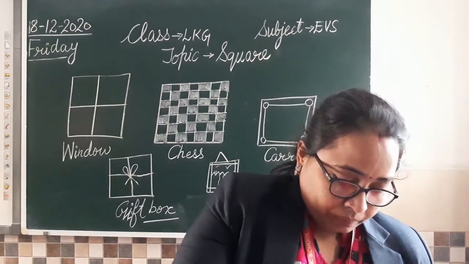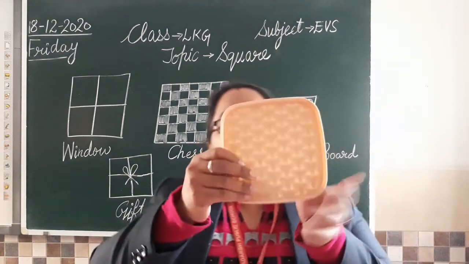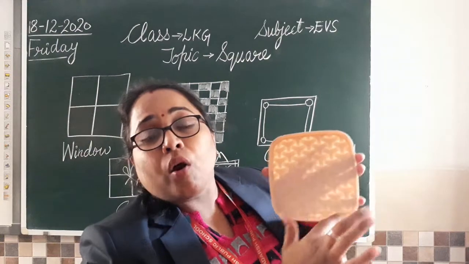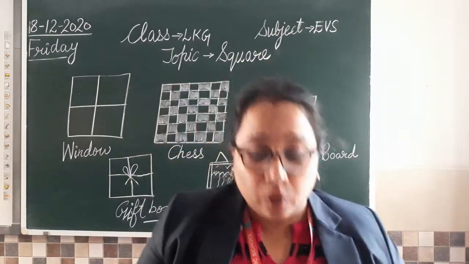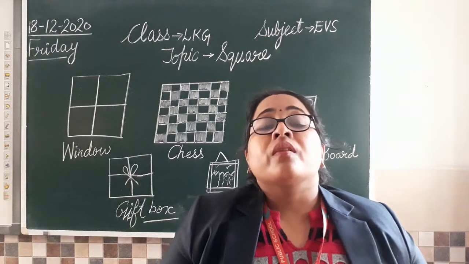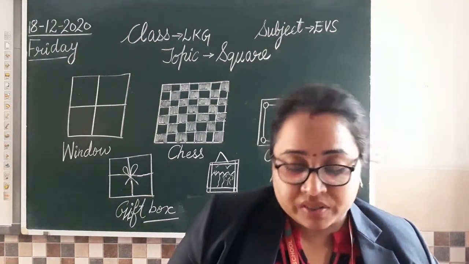If I show you, I'll open. Now see, it has 4 sides. 1, 2, 3, 4. And all these 4 sides are equal. So again, what is the shape of this box? It's a square box. Yes.